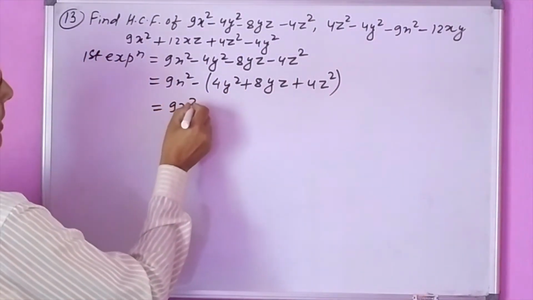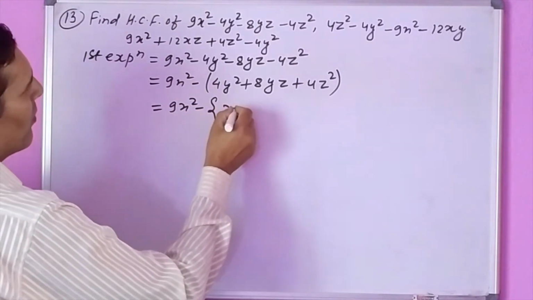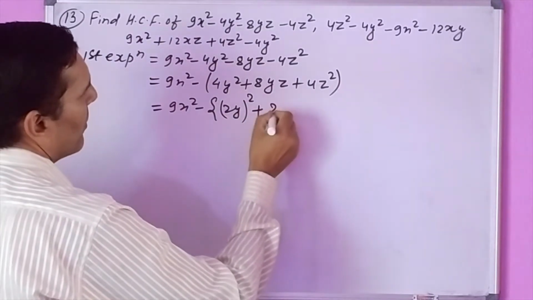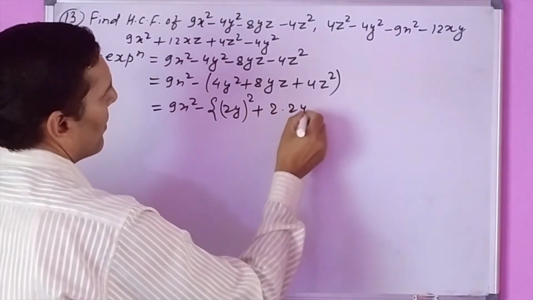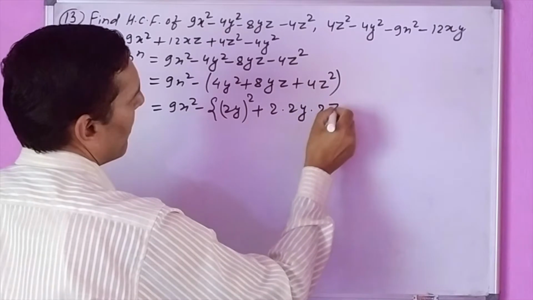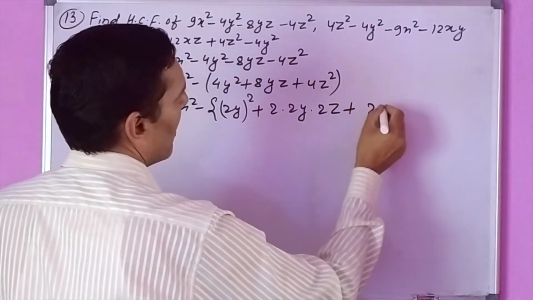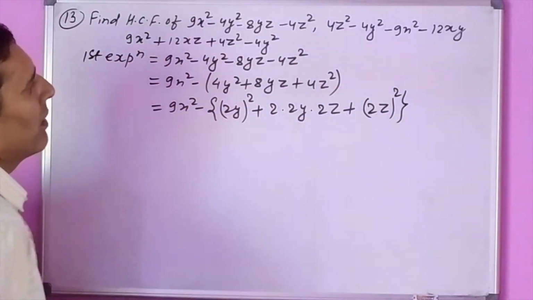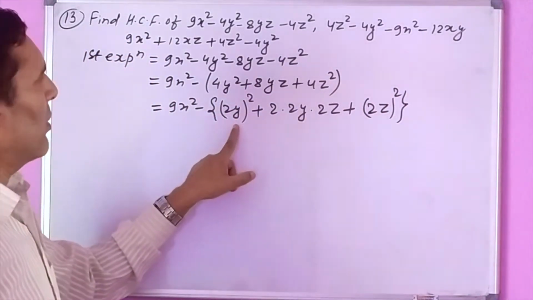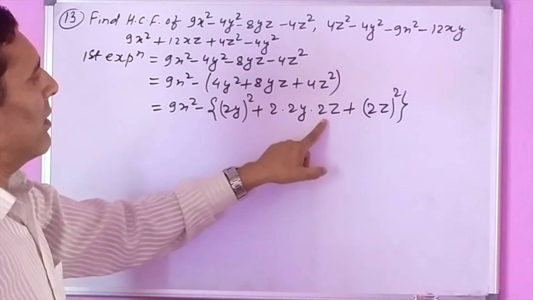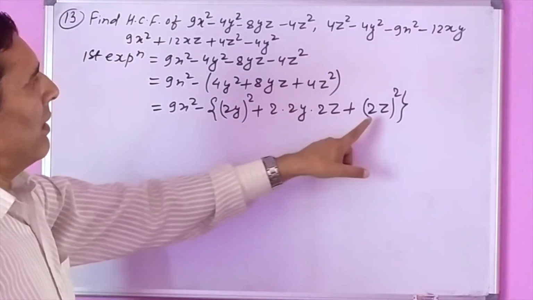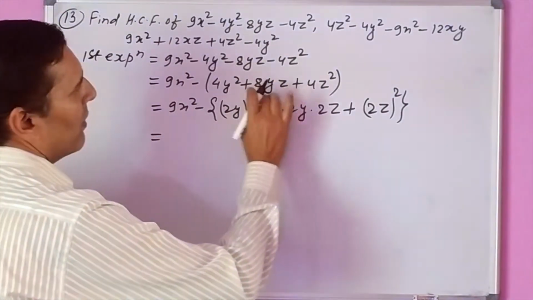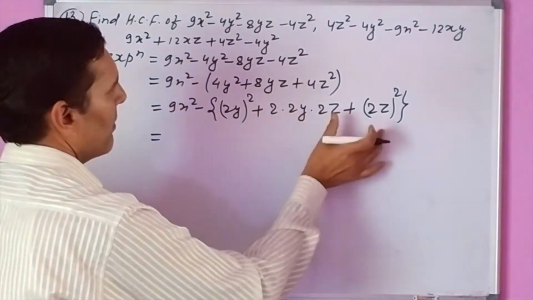So 9x square as it is, and 4y square plus 8yz plus 4z square is 2y plus 2z whole square. A is 2y, b is 2z, and 4z square is the square of 2z. There is no difference between this part and this part here.